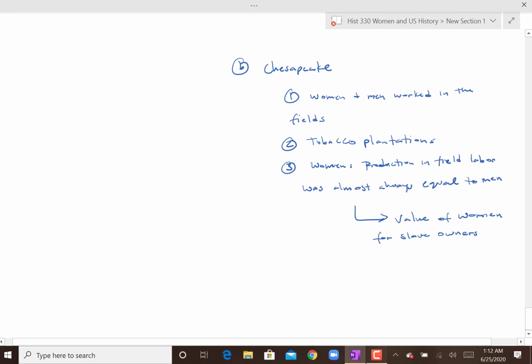But, right, so they were producing the same amount as men in field labor and work, but to purchase a female slave was cheaper, because there still was a general perception that people wanted men more than women for the field labor.